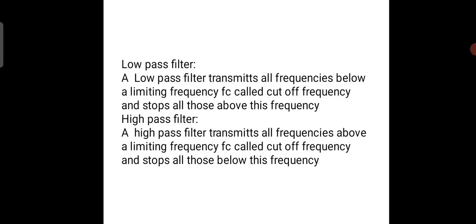Next is the high pass filter, the second type. A high pass filter transmits all the frequencies above the limiting frequency fc, called the cutoff frequency, and stops all those below this frequency.